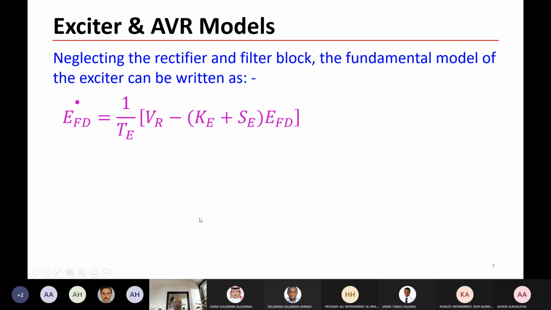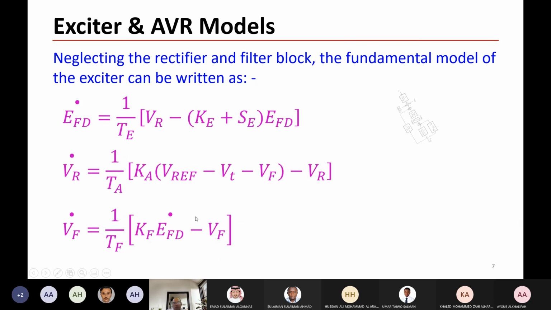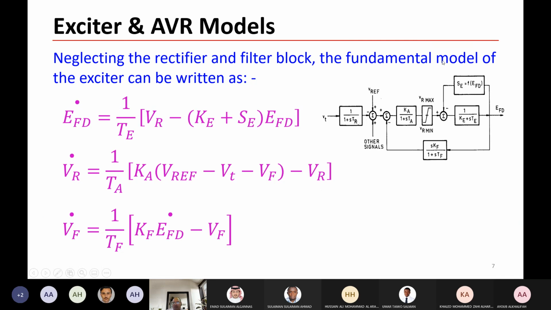Neglecting the rectifier, as we mentioned, if we neglect this block in the block diagram, we have here 3 integrators: the first one, second one, and third one. After each integrator, we can have a signal: here VF, here VR, and this one is EF3. With this block diagram, you can develop this model.